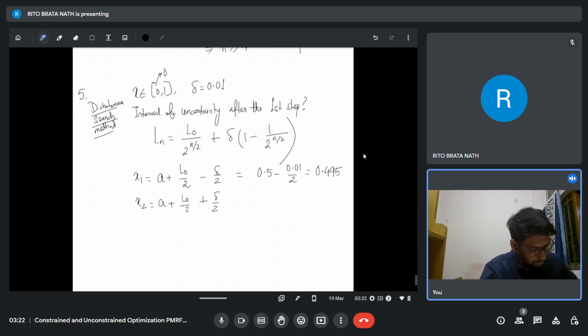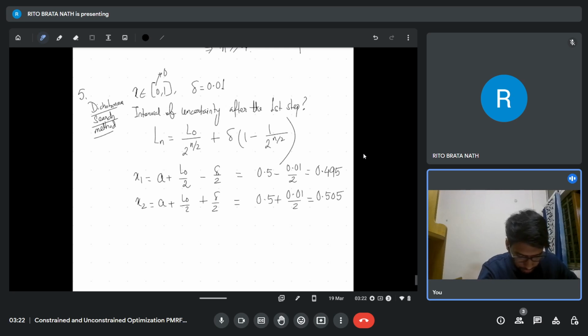Then you can find where the minimum lies depending on the function given.